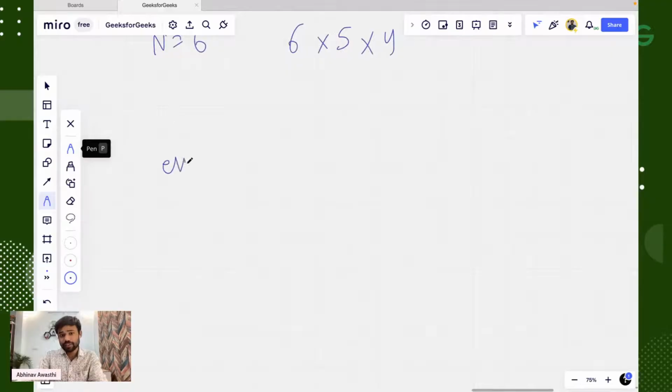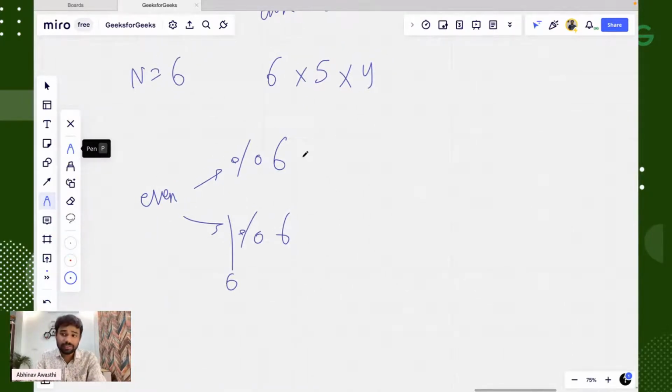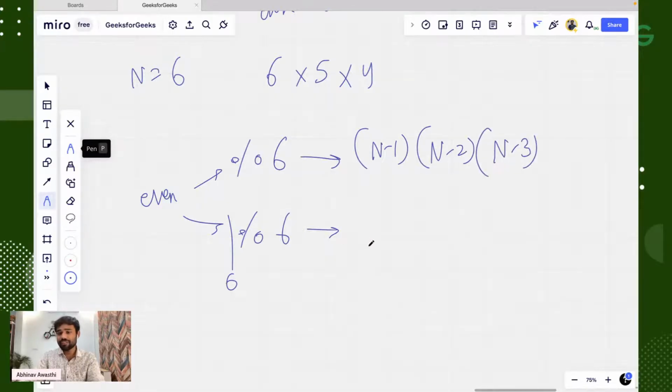If it is even, we'll have two cases: if it is divisible by 6 or if it is not divisible by 6. If it is not divisible by 6, we will have the case of n, n minus 1, n minus 3.